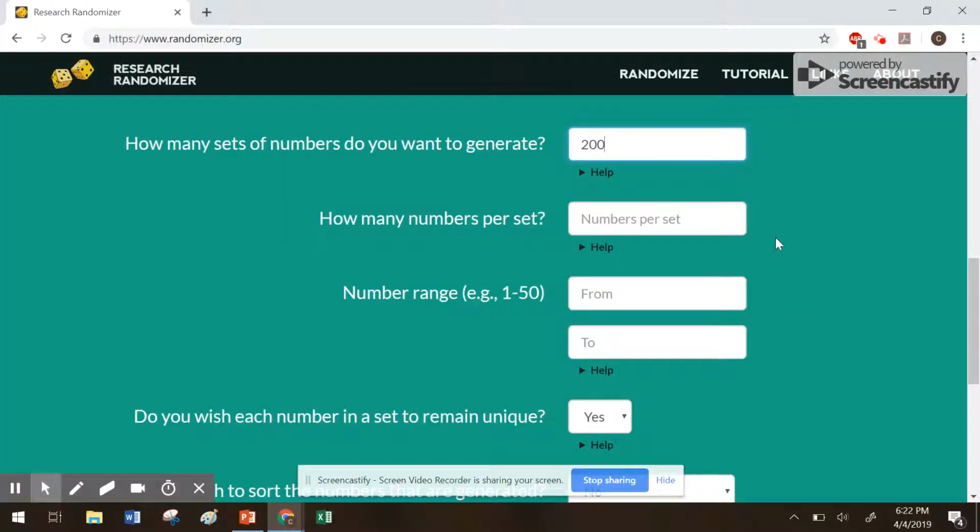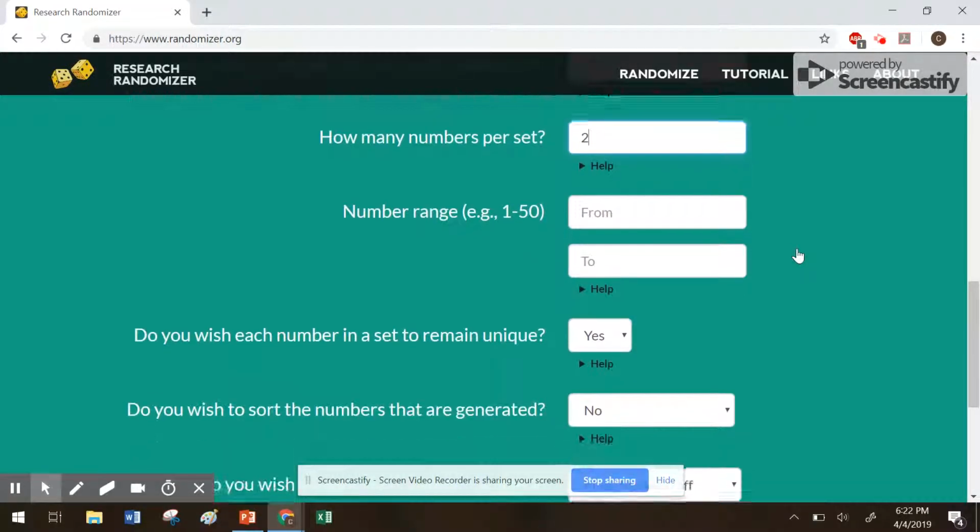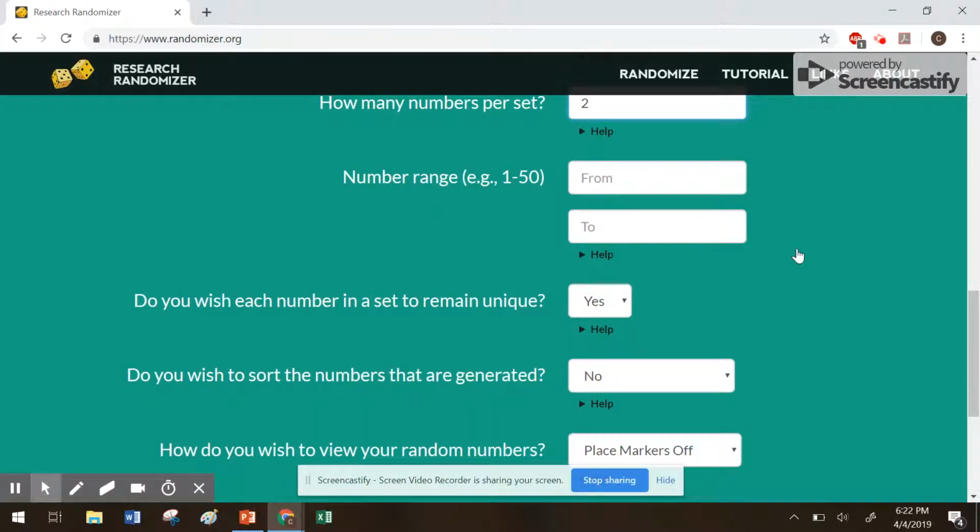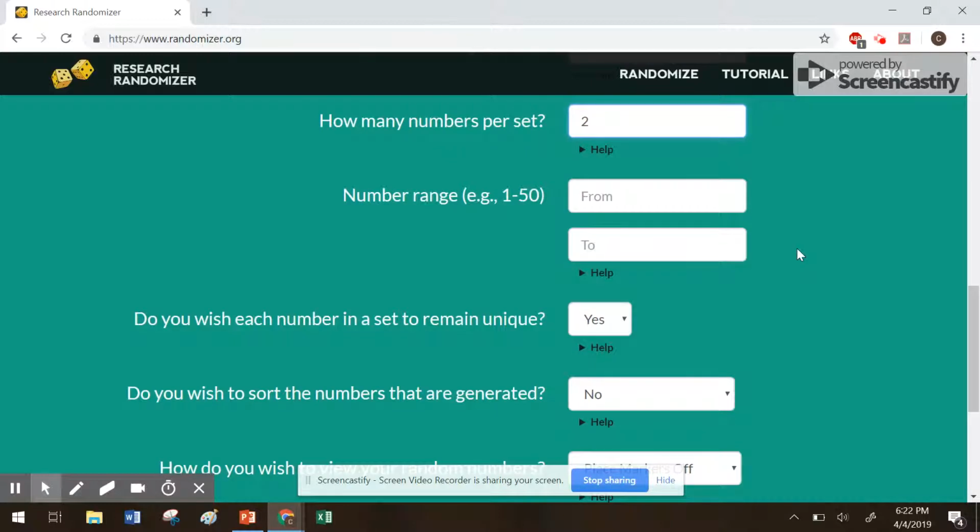All right, how many numbers in each set? Well, this is going to represent our blackjack hand. So we're getting 2 cards per deal. So that's a 2. Next, how many numbers are these 2 cards coming from? Like we said, there was 52 possible.